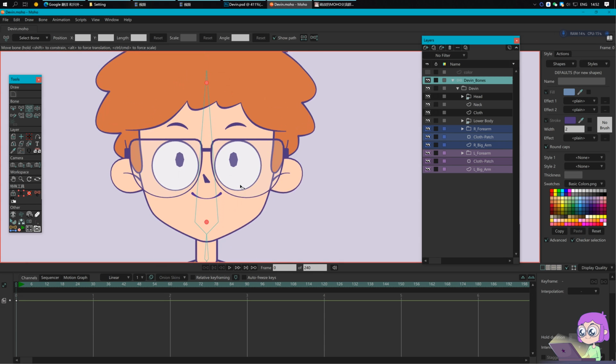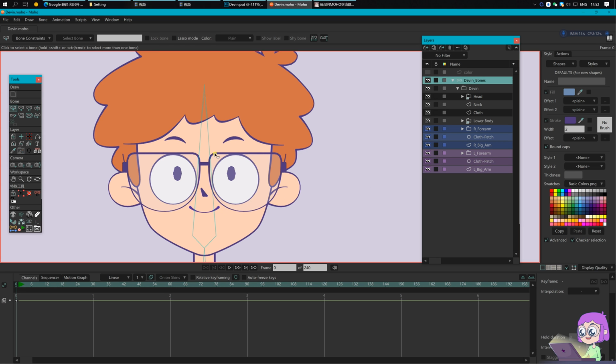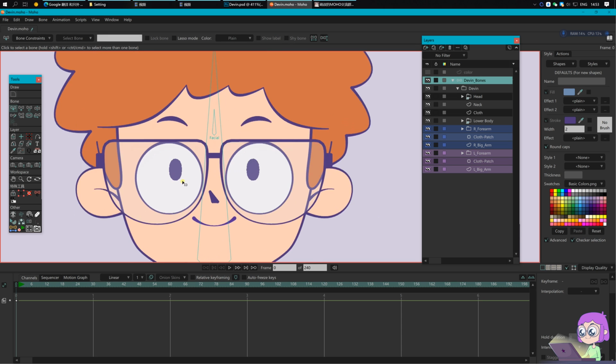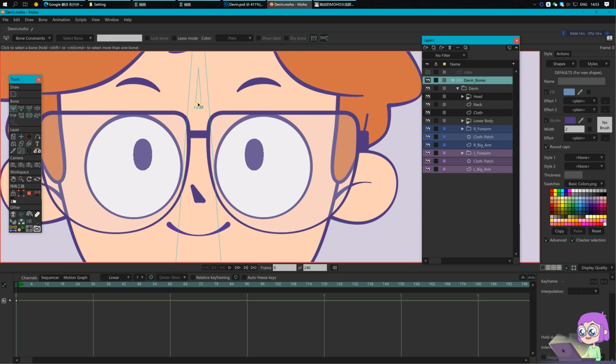Next, set the bones of the face. First, set a bone. This bone is the main controller of the face. Then set a bone of the nose.